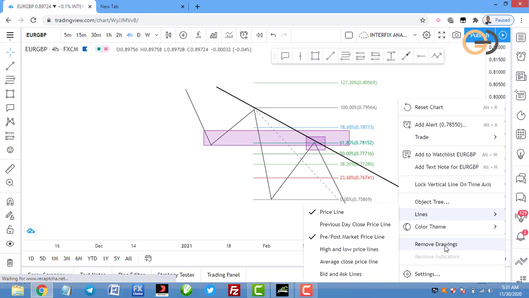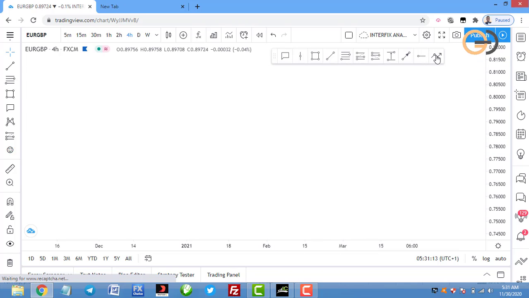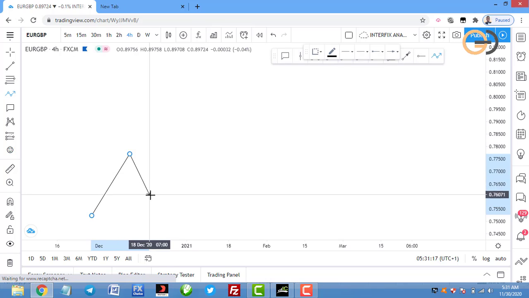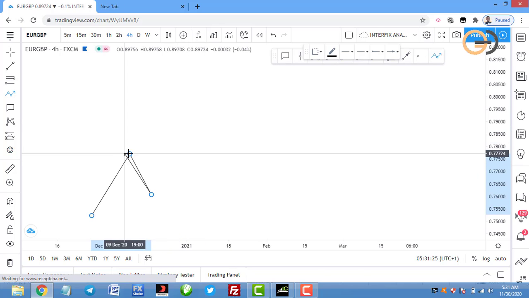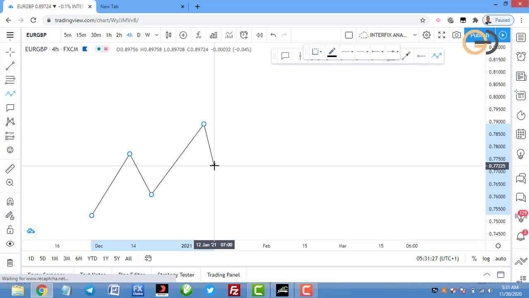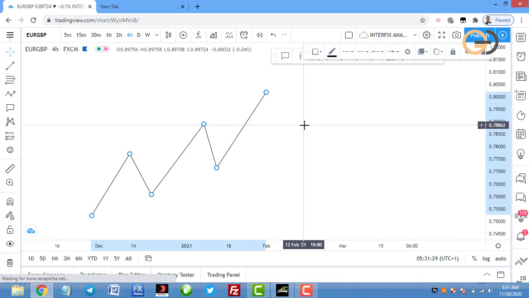Alright, so quickly let's look at this. When the market is moving to the upside, it creates an impulse, it creates a retracement, at least 50% of the previous move, and then it has to beat the previous high. This high has to be broken and retested, then the market moves up.